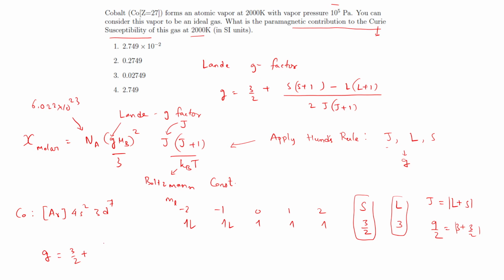So S is 3 by 2 into 5 by 2, minus L, L is 3 into 4, divided by 2 times J, J is 9 by 2 and 11 by 2. So it is just 3 by 2.